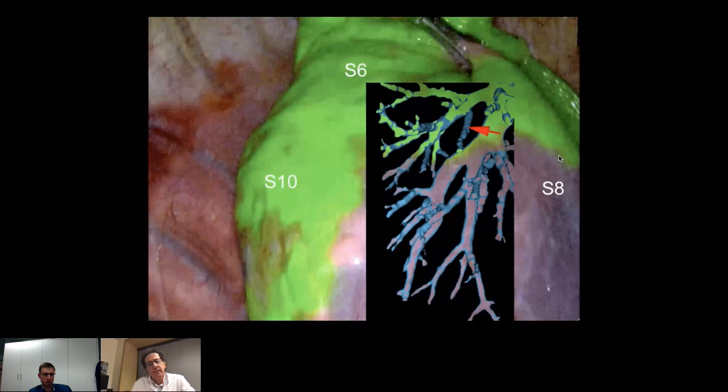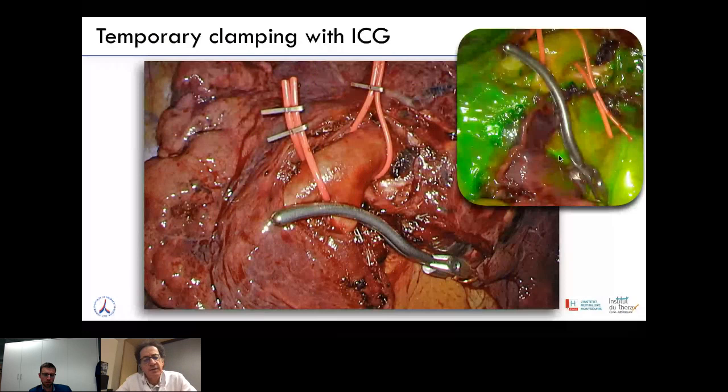Another application of this technique is that sometimes, even if you have a modelization, you are not very sure of the direction of the arteries. For instance, this artery looks like an artery to segment 8. Actually, it was for segment 7.